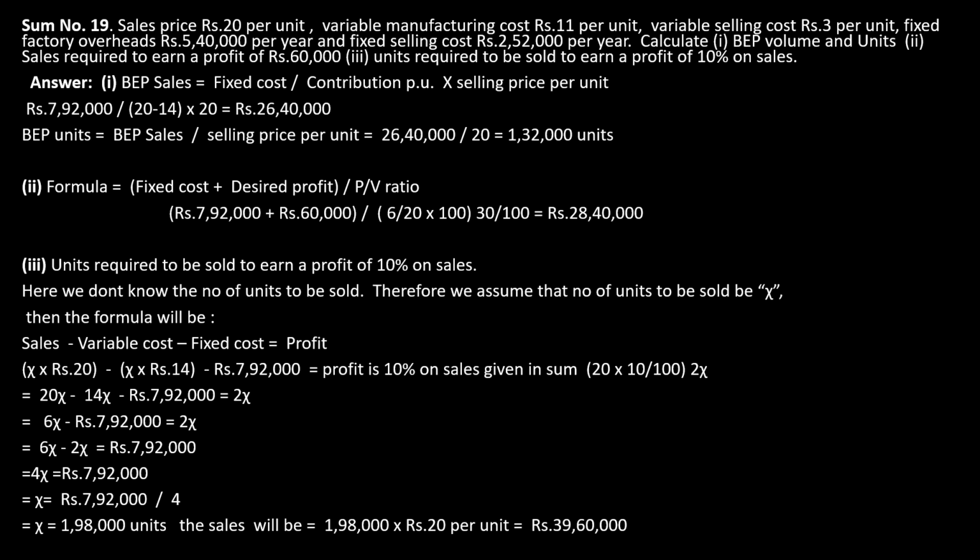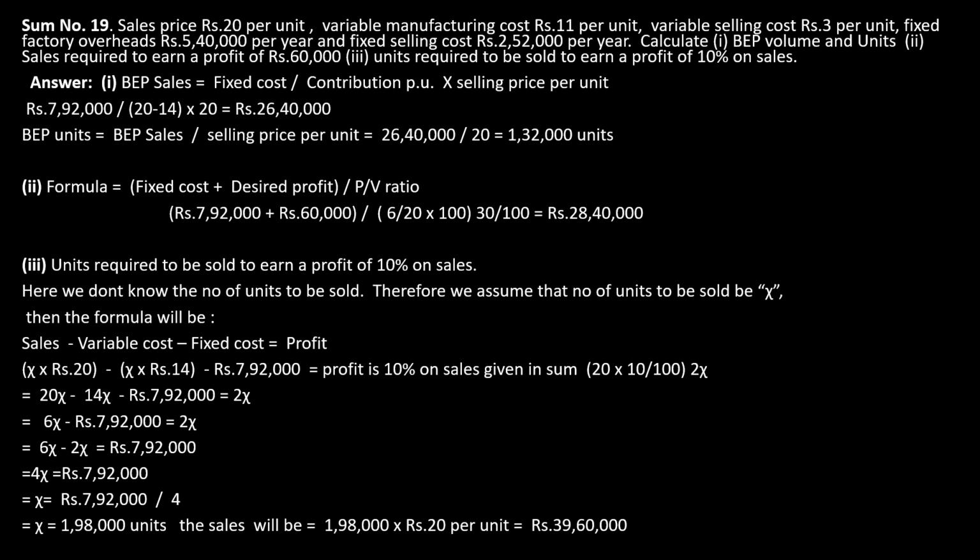Now, subtracting first, 20 minus 14 will give me 6X minus 7,92,000 is equal to 2X. Next, I'm going to take this 2X to the other side and 7,92,000 to the other side. 6X minus 2X gives 4X, so 4X is equal to 7,92,000.